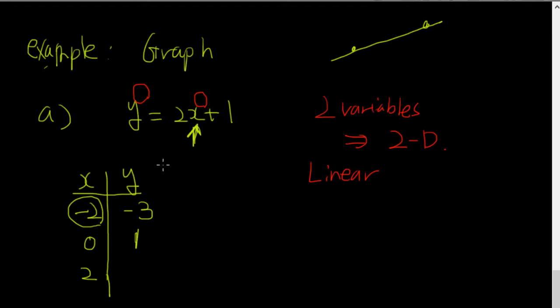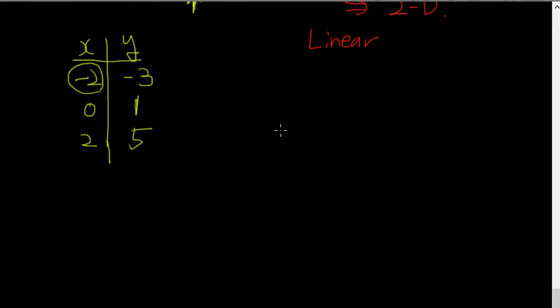If I put 2 here, 2 times 2 is 4, plus 1, 5. Alright, so given these 3 points, let's try to graph this.